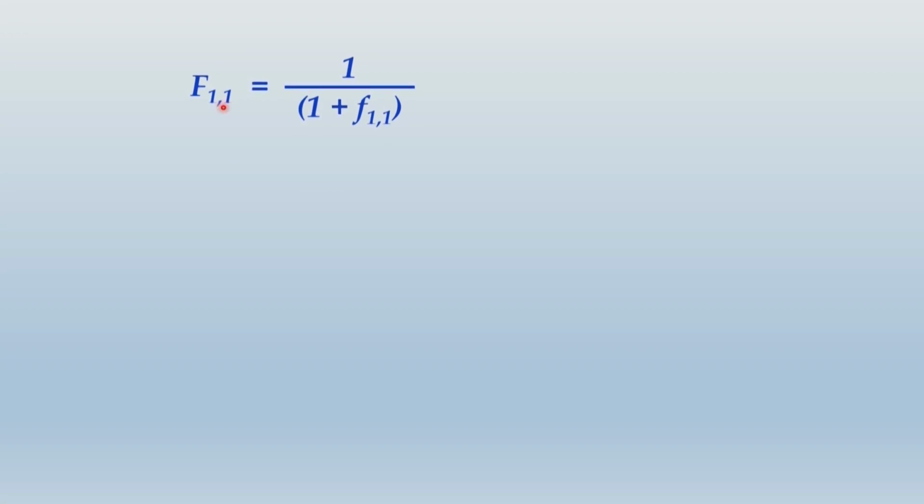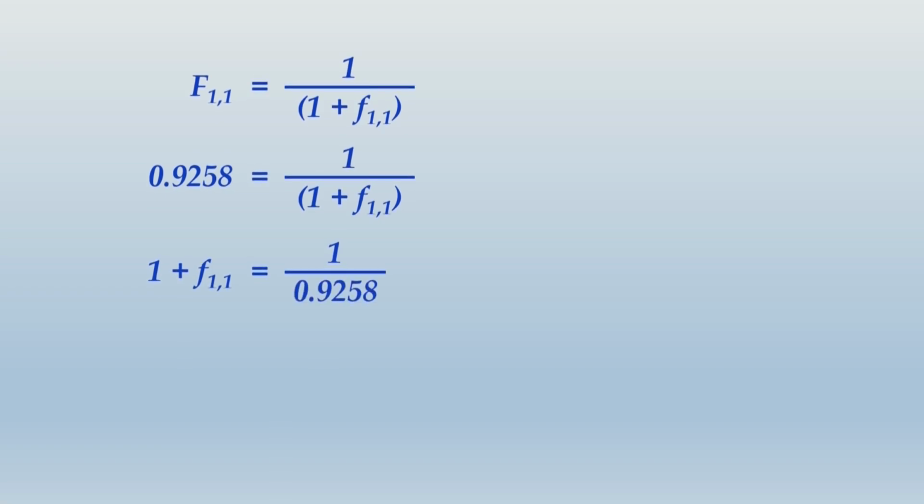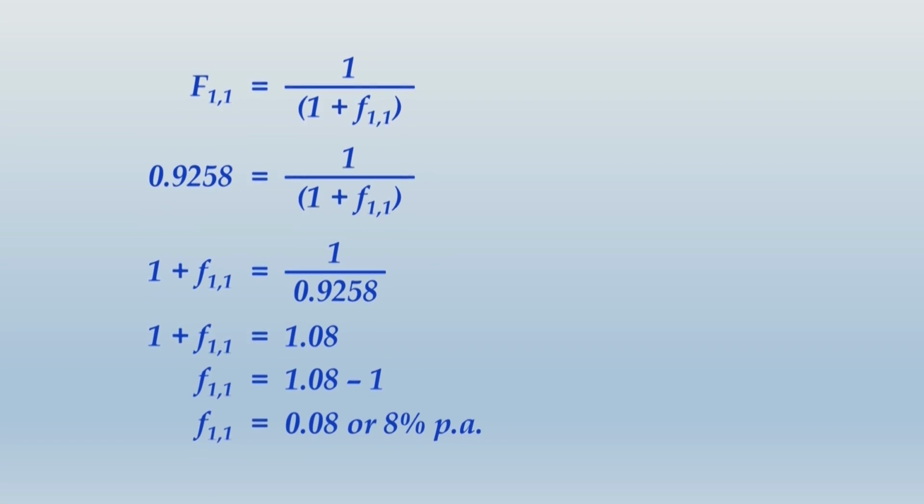So we have already obtained this value, and that is 0.9258, and that will be 1 divided by 1 plus f1,1, and by cross multiplication 1 plus f1,1 would give you 1 divided by 0.9258. When you apply this calculation, you get that value as 1.08. So f1,1 will be 1.08 minus 1, that will be 0.08 or 8%.